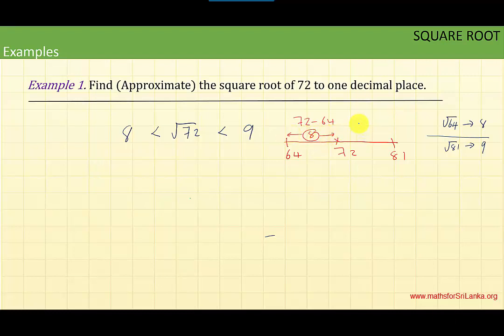And 81 minus 72 gives us 9. Now, which number is the square root of 72 closest to, 8 or 9? Clearly, it's closest to 8, but not so much.